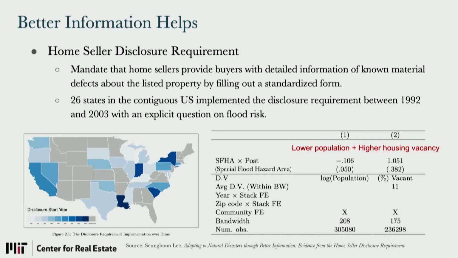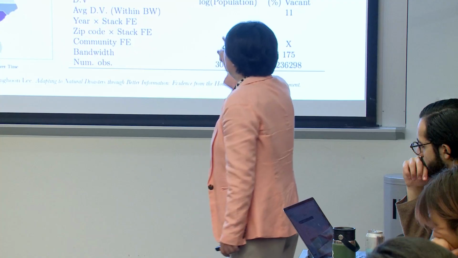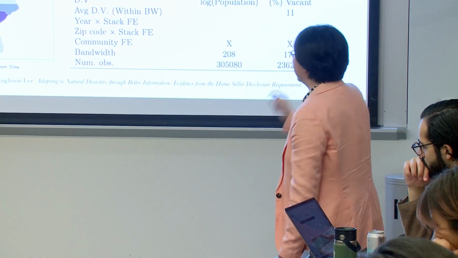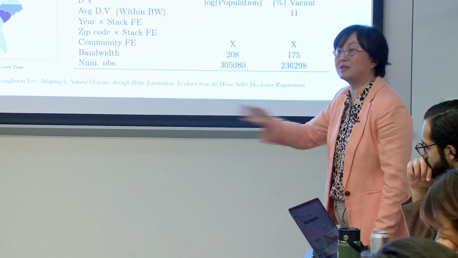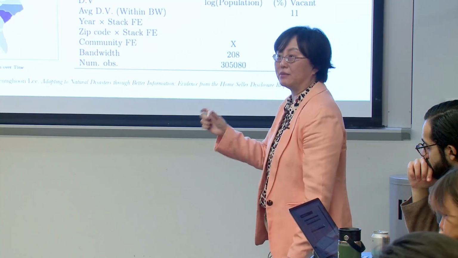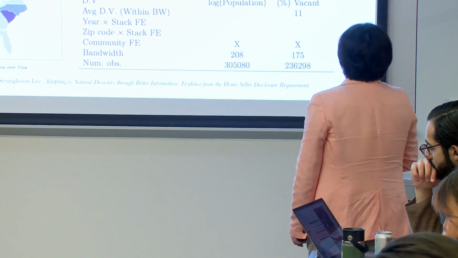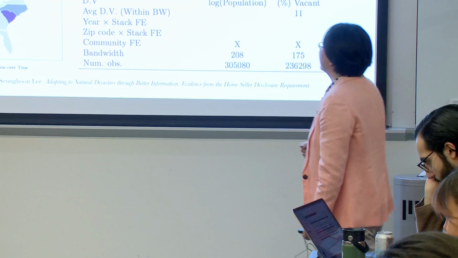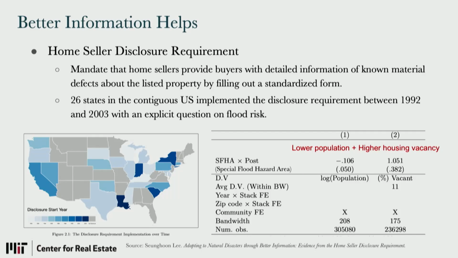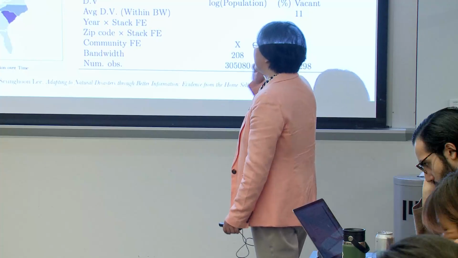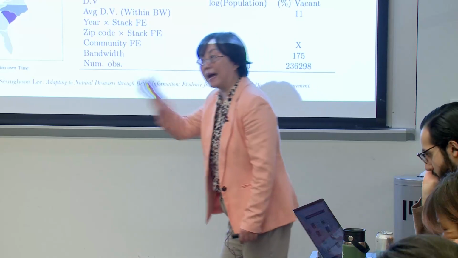And my lab's postdoc, Zheng, some of you know Zheng. Zheng is the postdoc in my lab. He has a very good paper studying this disclosure's impact on housing market outcomes. He showed that from the home seller disclosure requirement, this better information helps.